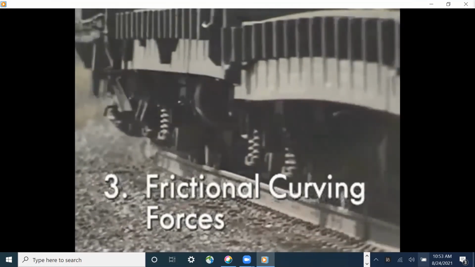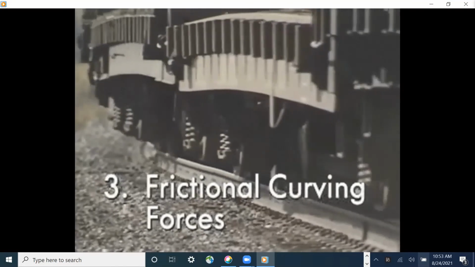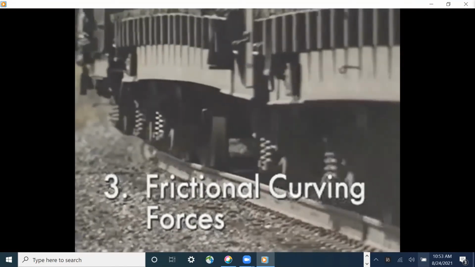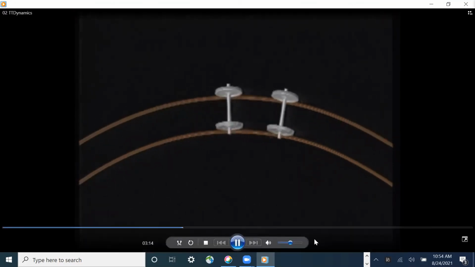To steer around a curve, the inside wheel must travel a shorter distance than the outside wheel. Therefore, with two wheels of the same size, the inside wheel would have to rotate slower, or the outside wheel would have to rotate faster in order to travel through the curve as a wheel set. But since both wheels are joined by a solid axle, one or the other would constantly slip because of the difference in rolling radius.